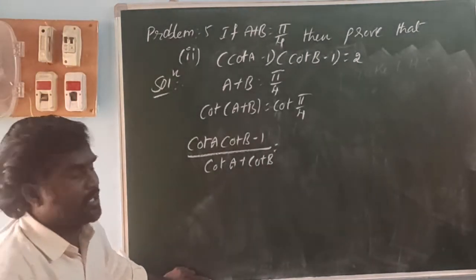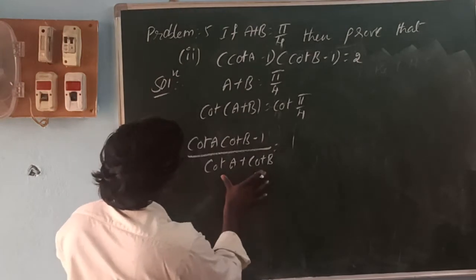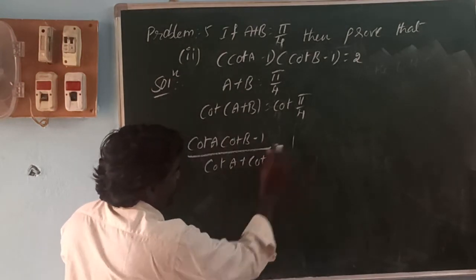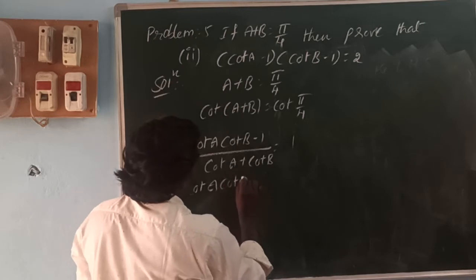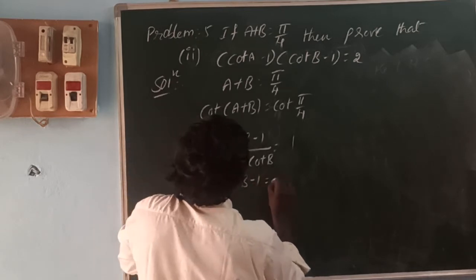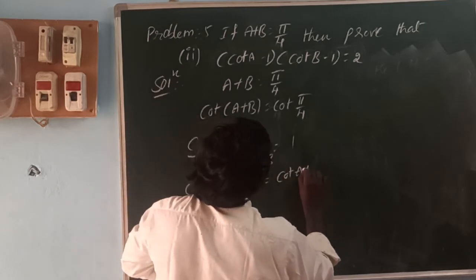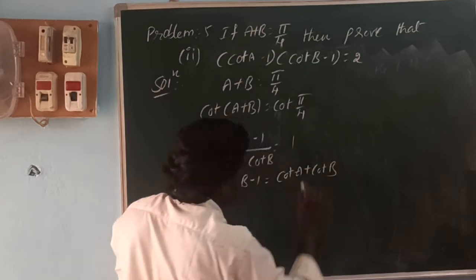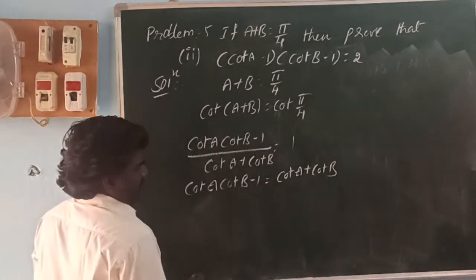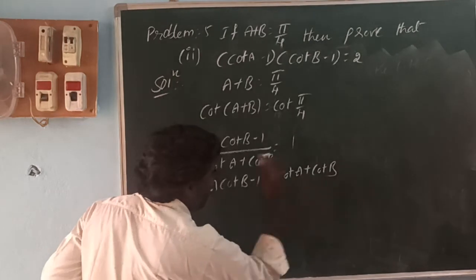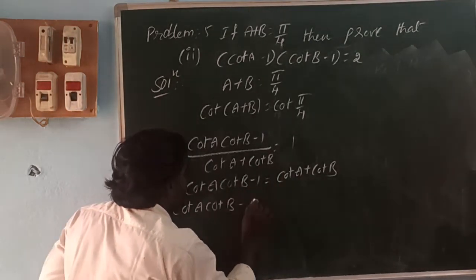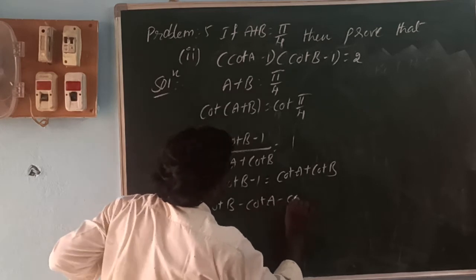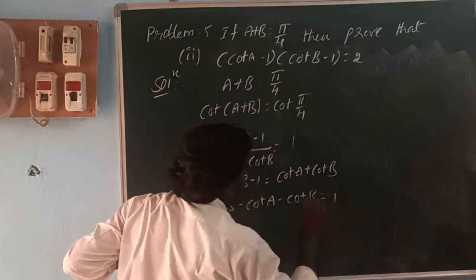Cot 45 is how much? 1. So cot a plus cot b, the denominator goes to the other side and multiplies. Cot a cot b minus 1 is equal to cot a plus cot b. Here minus 1 goes to the other side as plus. So cot a cot b minus cot a minus cot b is equal to plus 1.